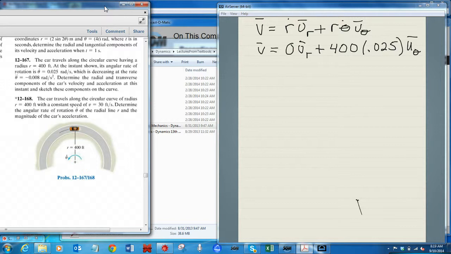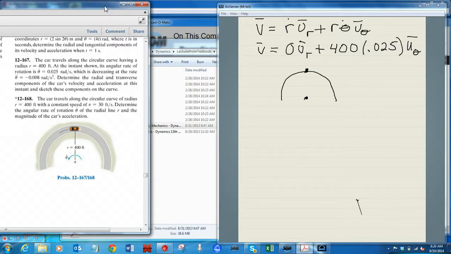Okay, then it says I need to sketch. So here we go. Here's the circular path. Here's the origin where everything's being measured. Where's the car? Straight up here. Okay, need to find the theta direction.